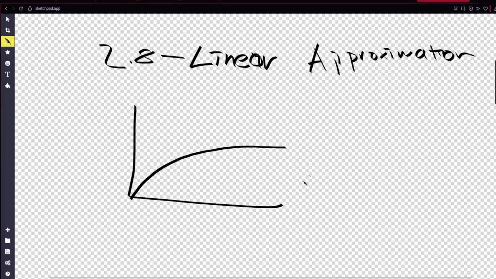So let's take this graph and zoom in on that point right there, which is all what calculus is. I'm just zooming in on ordinary graphs, and it's pretty much calculus.